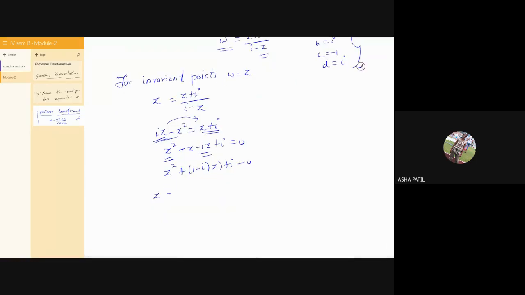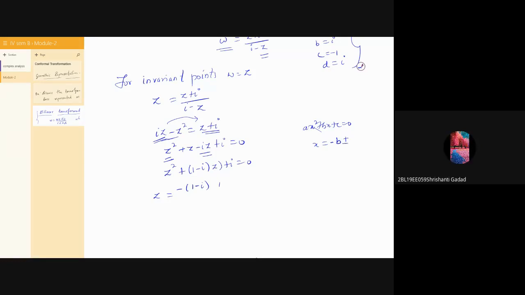We'll go for Sridhar's formula. What is your formula to find the roots of the quadratic equation ax square plus bx plus c is equal to 0? What is your x equal to? Nobody remembers, or you are not ready to tell?